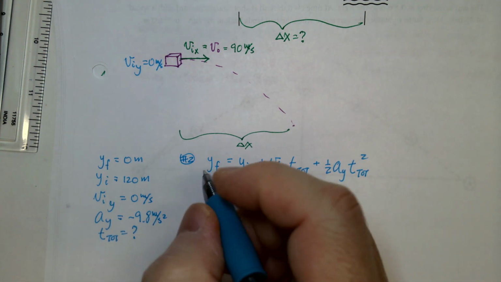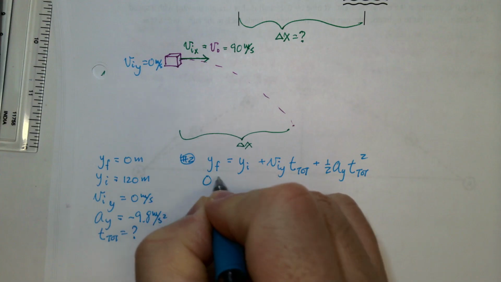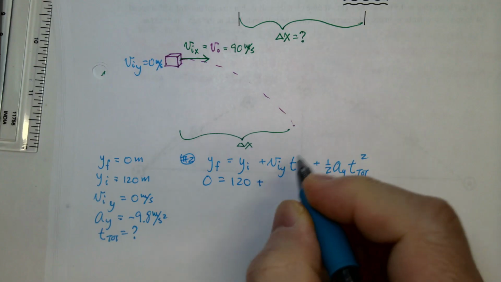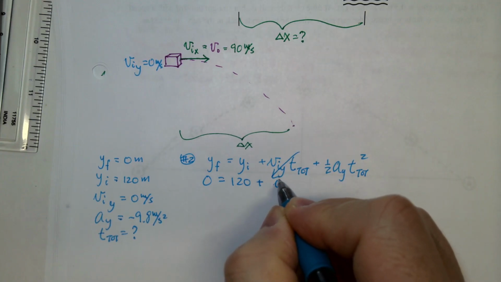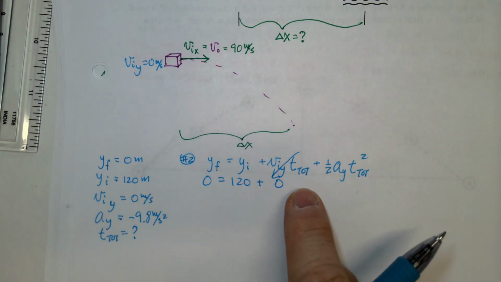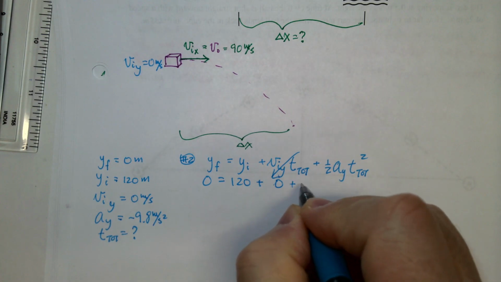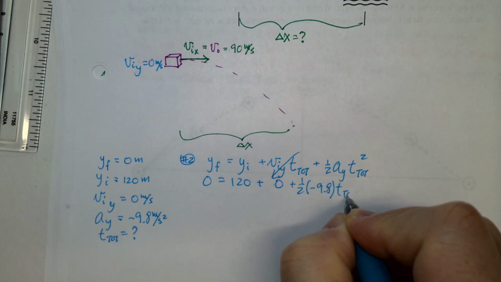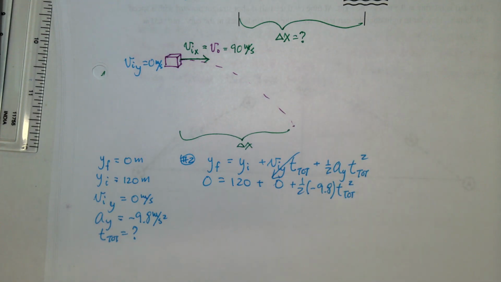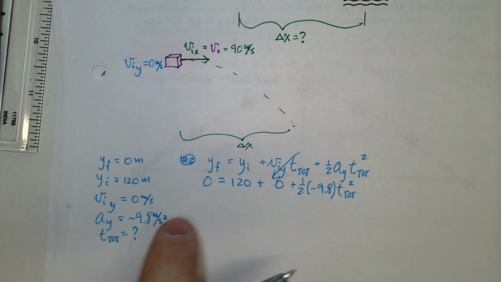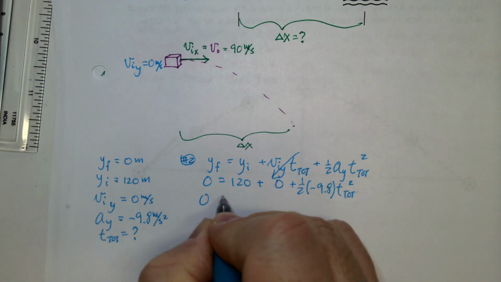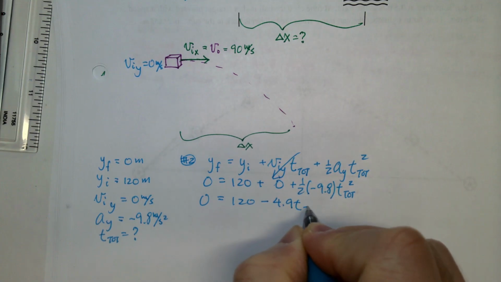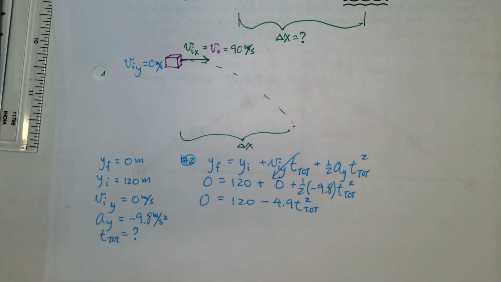So if you plug in the values, you got y final 0, y initial 120, plus the whole term drops out to 0 because the initial velocity in y is 0, plus 1/2 times negative 9.8 times t total squared. So if you clean this up, my 0 is equal to then 120 minus 4.9 t total squared.